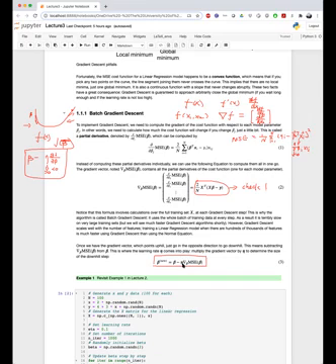Eta is just a single number, and you update beta this way to get the new beta. Here, beta new means the updated beta.